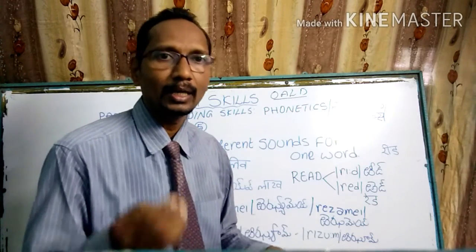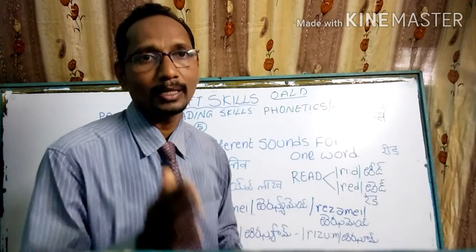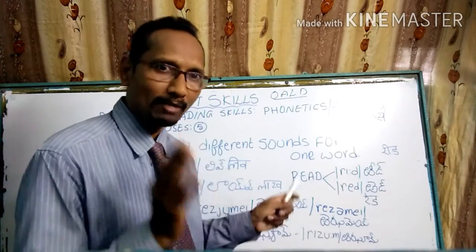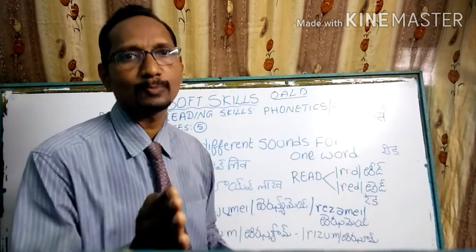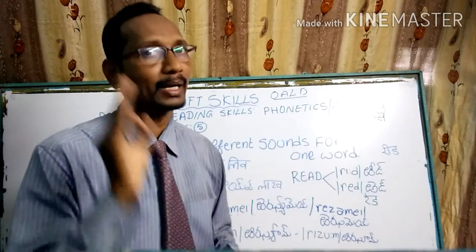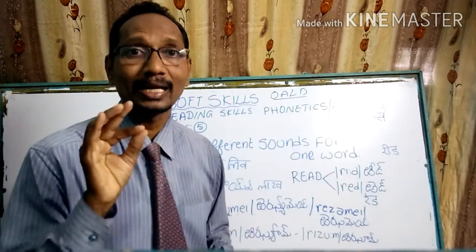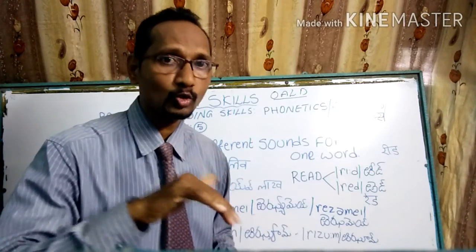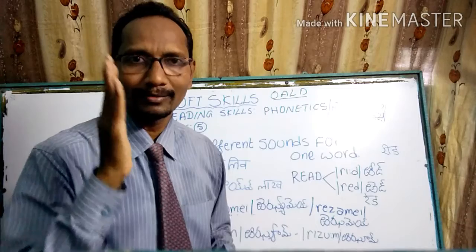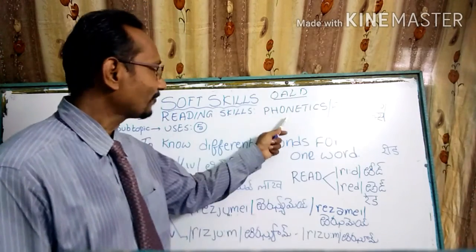So in this way, we can develop phonetics in a proper way. If you develop our phonetics class, definitely you are a good English speaker regarding pronunciation. Regarding the pronunciation of American English or British English, you can get complete pronunciation through phonetic formation.